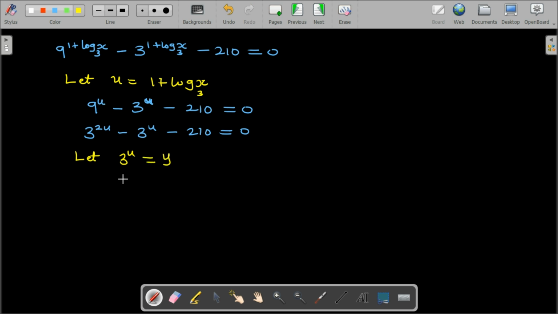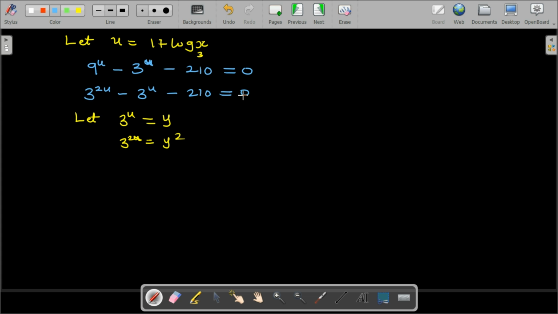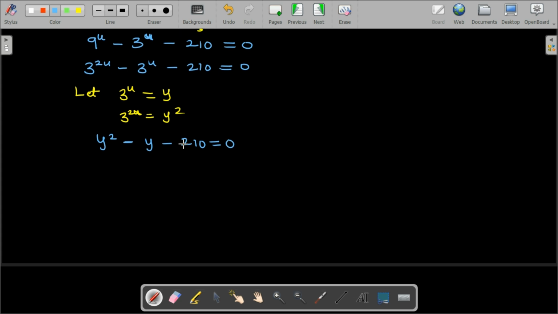With this, we will see that 3 raised to the power 2u is nothing but what? y squared. Okay? So from here, the equation can be rewritten as y squared minus y minus 210 equals 0. And this can be factorized because we could look for two factors that multiply to give minus 210y squared and add up to give minus 1.